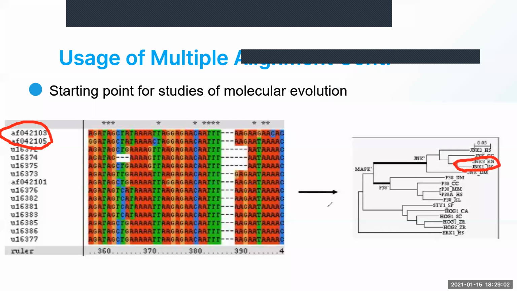Like that, we can go through this evolution process by looking at the pairwise alignment similarity score. We can see what is the point of these splittings. Like that, we can do those analyses based on this MSA.